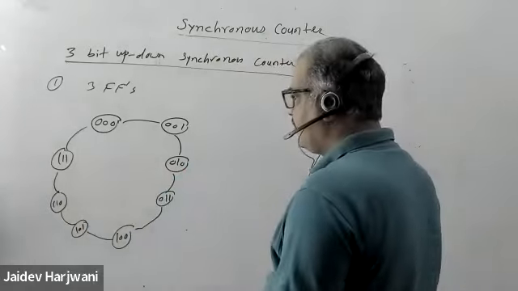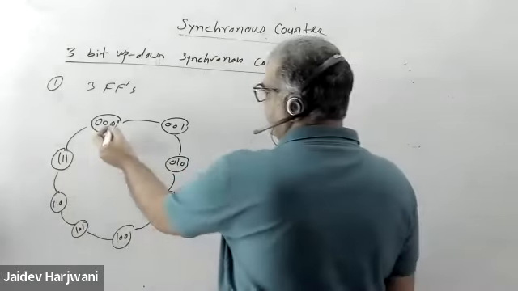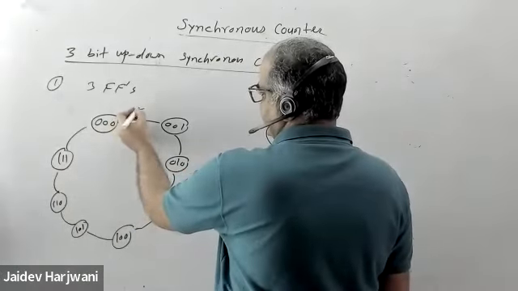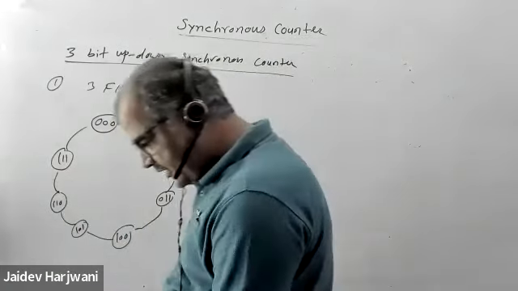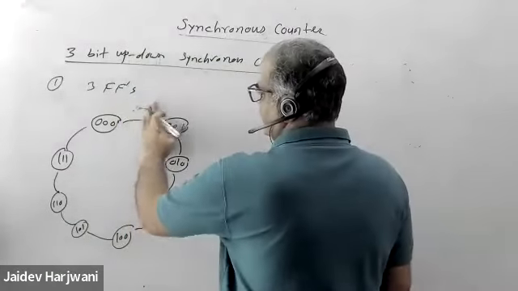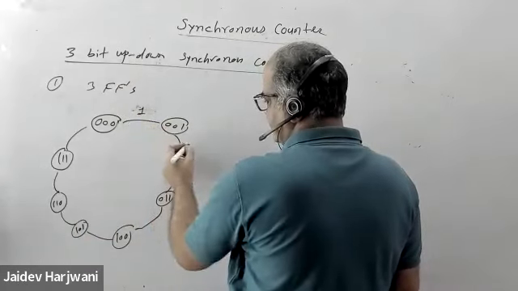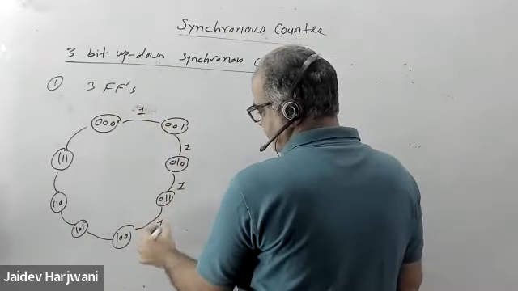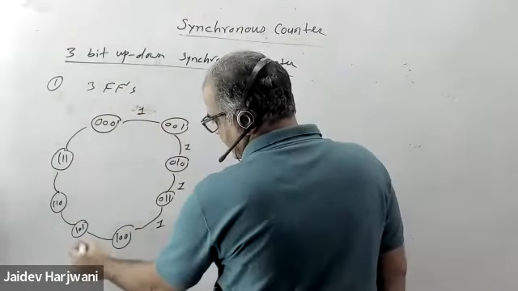Now if it is up counter, if it's going 0 to 1, you take control parameter m equal to 1. If you're going like this, you take m1. If you're going up, you take m1.